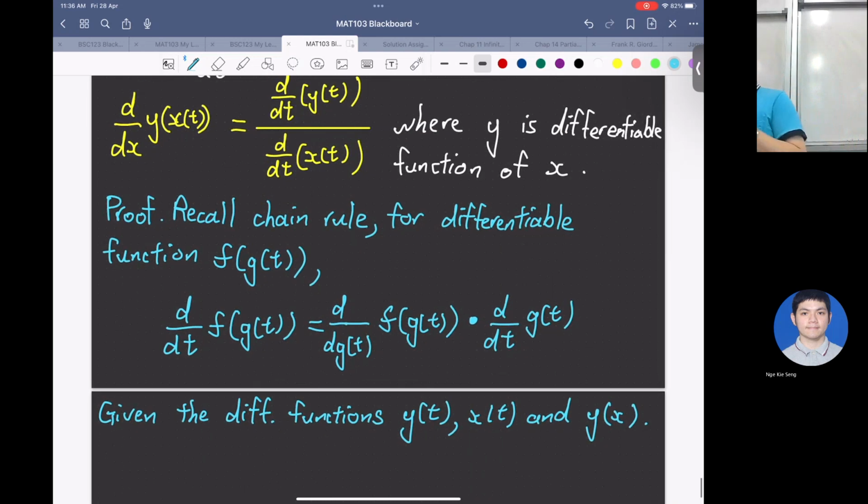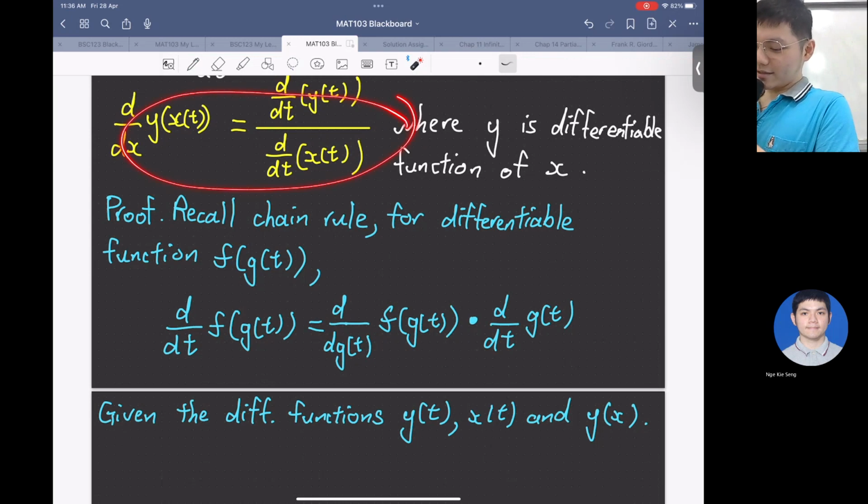Recall what we want to get. See our goal, and then see what we have.